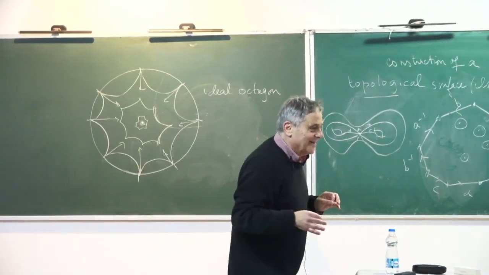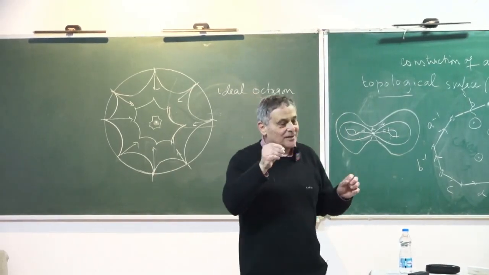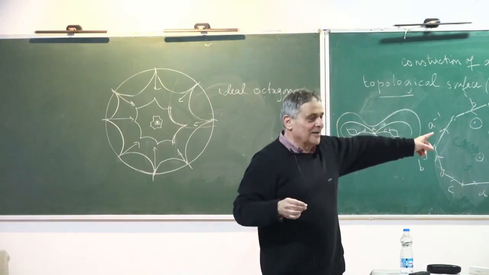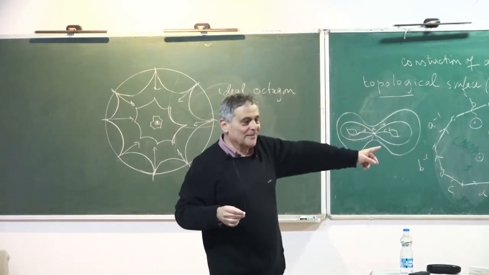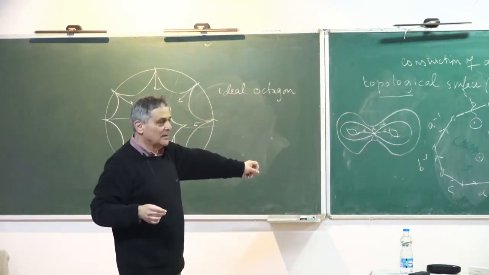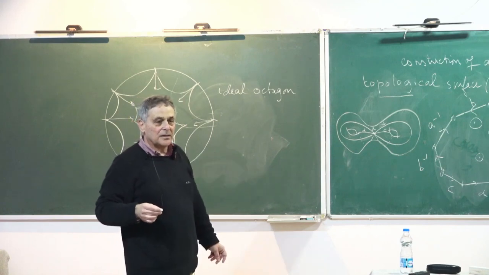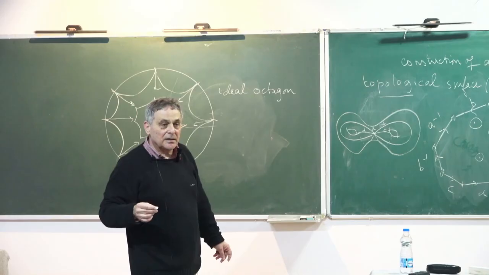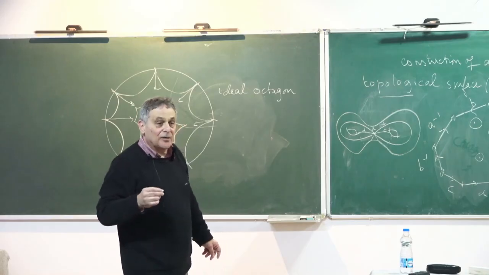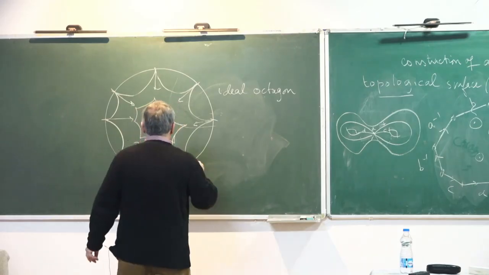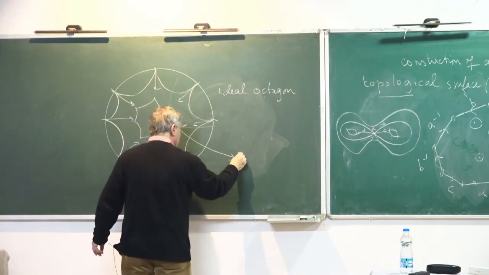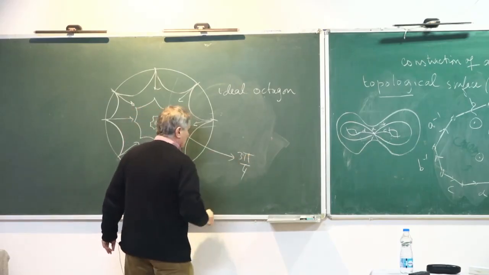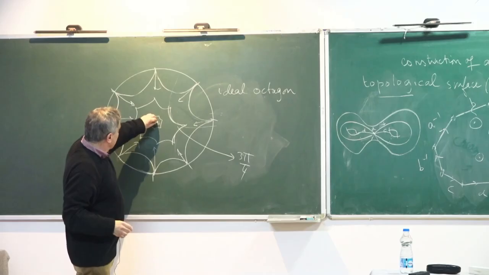What is the answer for octagon? Pi over 4? The limit is how much? Limit is 3 pi over 4, maximum. Yes, 3 pi over 4, thank you, you are right. So 3 pi over 4 is the limit, in fact.